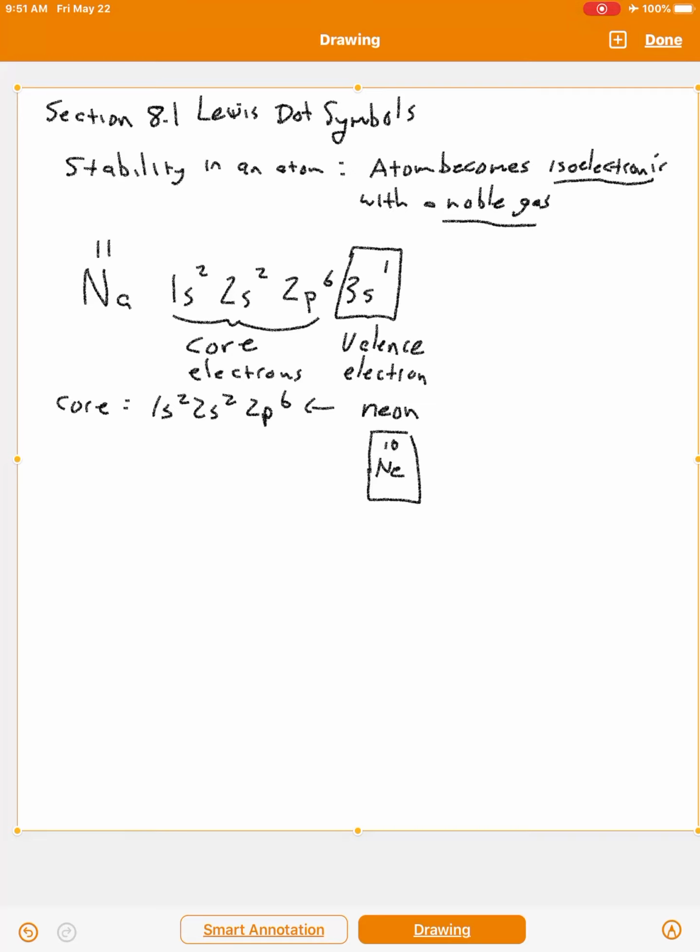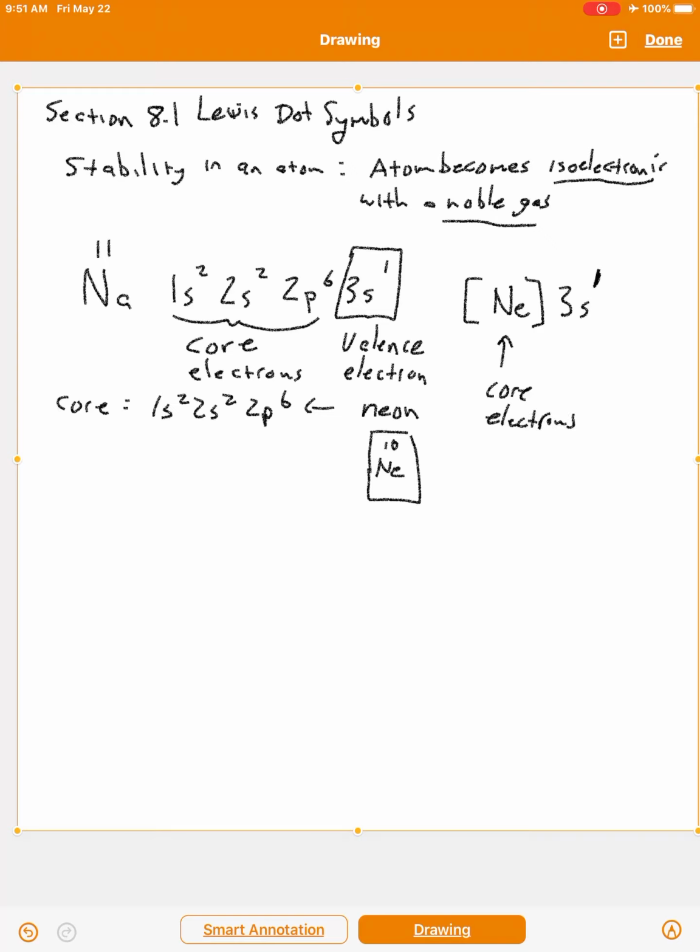Neon is 1s2, 2s2, 2p6. So the sodium atom has a configuration of neon, but it has an extra electron in its valence shell, which we'll call 3s1. These would be the core electrons.